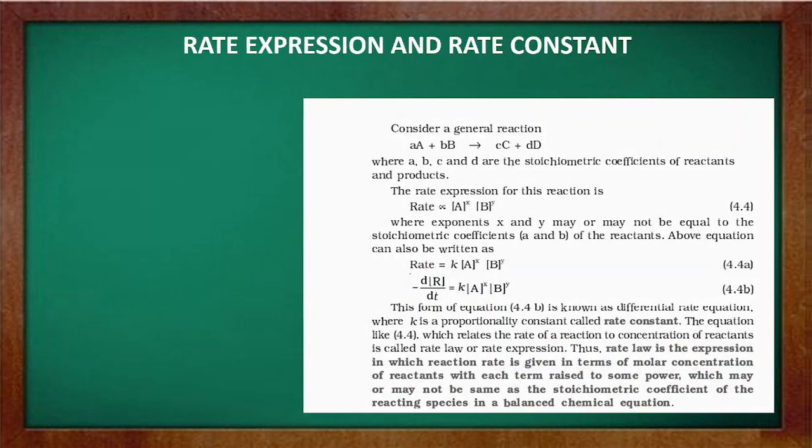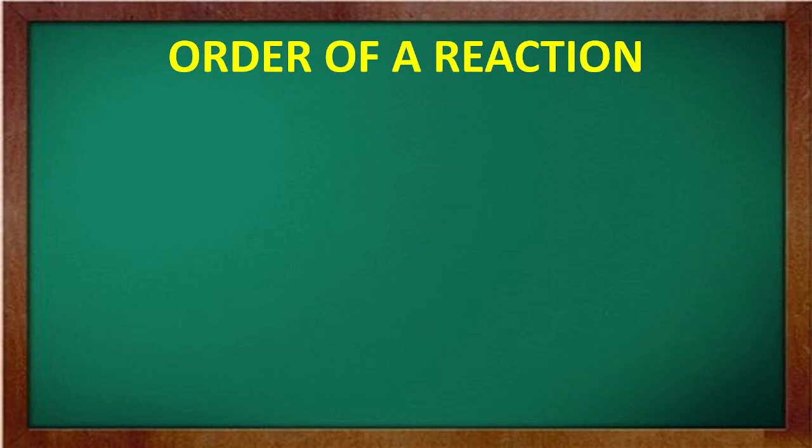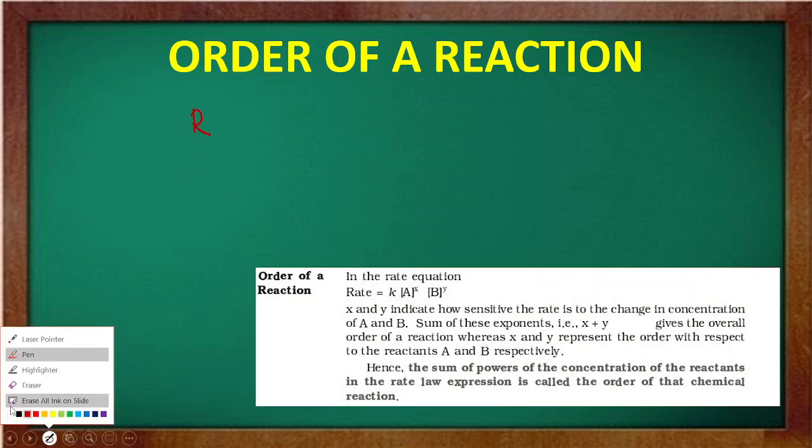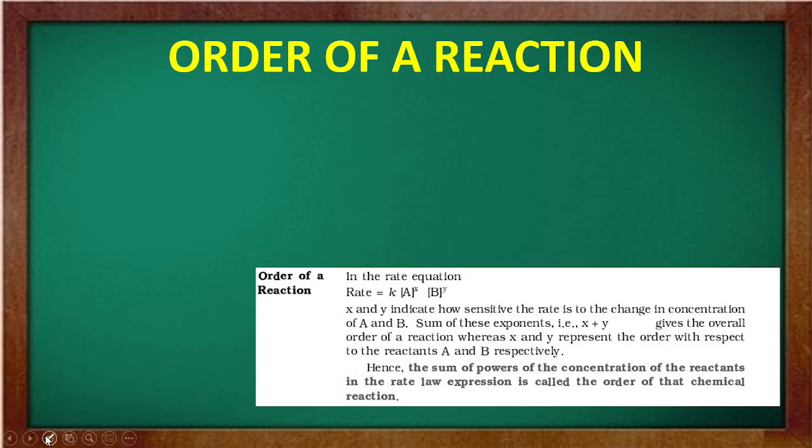Okay, now let's move on. Next is the order of a reaction. Now what is the order of a reaction? See here in the rate equation, what did we write? Rate is equal to k, suppose concentration of A to the power x and concentration of B to the power y.